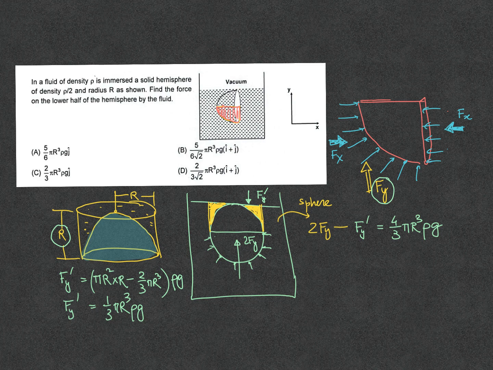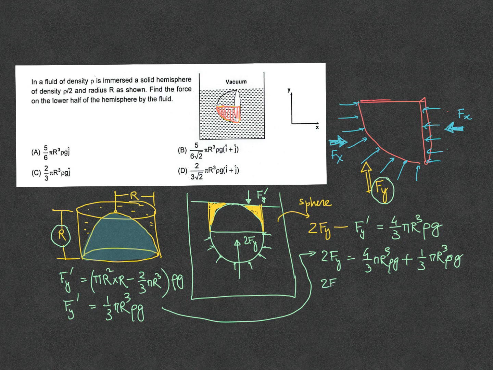So now let us get here. Twice Fy is equal to 4/3 pi r cube rho g plus Fy prime, that is 1/3 pi r cube rho g.